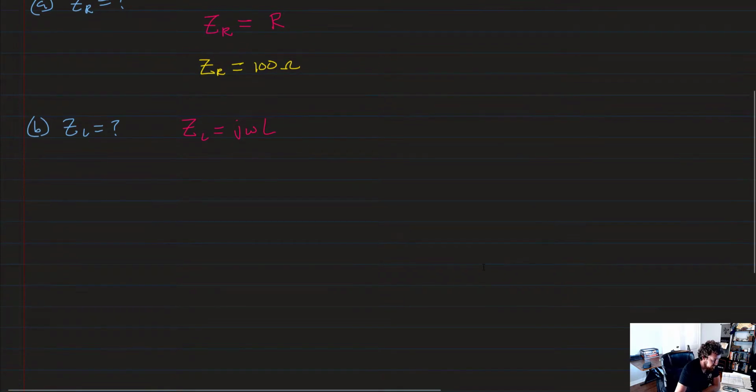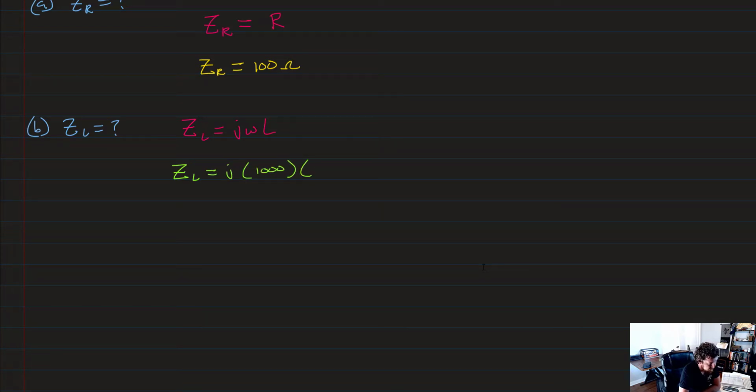So what we'll do is plug all that in. We'll say that Z sub L is equal to J times 1000 times 50. It's millihenries, so we'll say 50 times 10 to the negative third. It's given in ohms, by the way. All impedances are given in ohms.